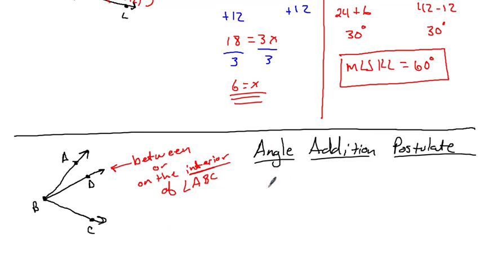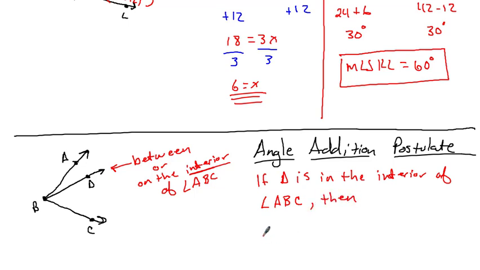So our angle addition postulate says if D is in the interior of angle ABC, then the measure of angle ABD plus the measure of angle DBC equals the measure of angle ABC.